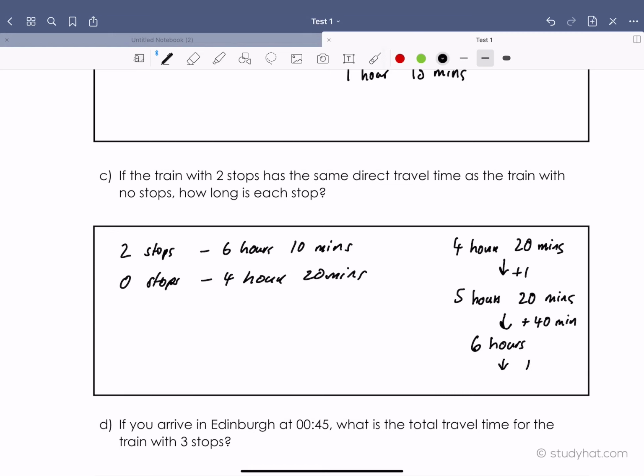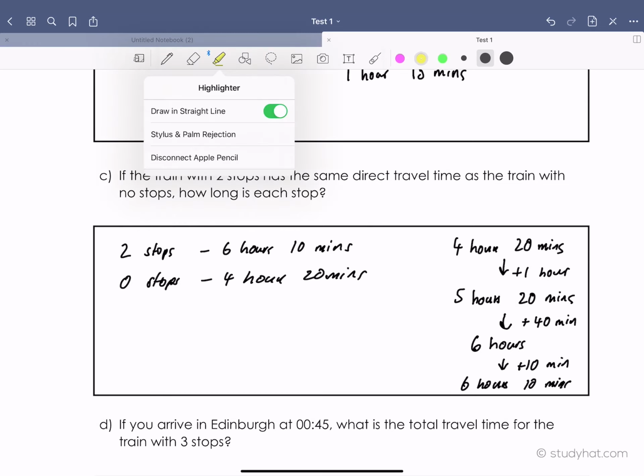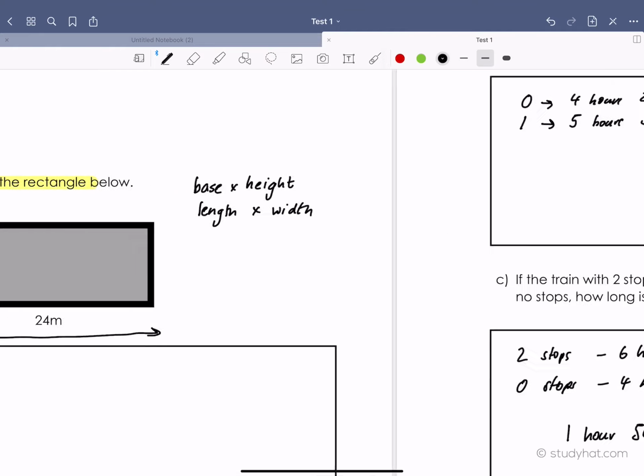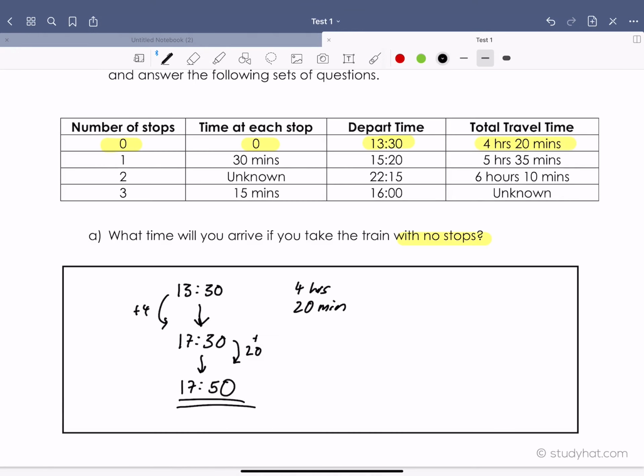And then another 10 minutes will get us to 6 hours and 10 minutes. Okay, so if we then add up these 3 bits that we did, we see altogether we have 1 hour and 50 minutes. Now, how many stops were there? There were 2, of course.